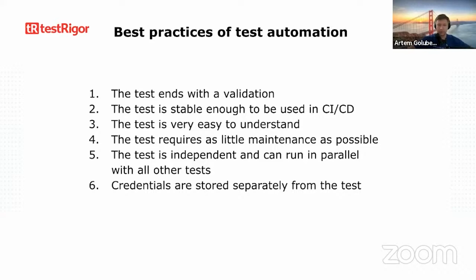And next is, well, self-explanatory. The test requires as little maintenance as possible, because of course you're saving yourself time again. And next is very important, a little more interesting: the test is independent and can run in parallel with other tests. This one is a little bit tricky, because you have to come up with a compromise and involve common sense depending on the application you're testing.